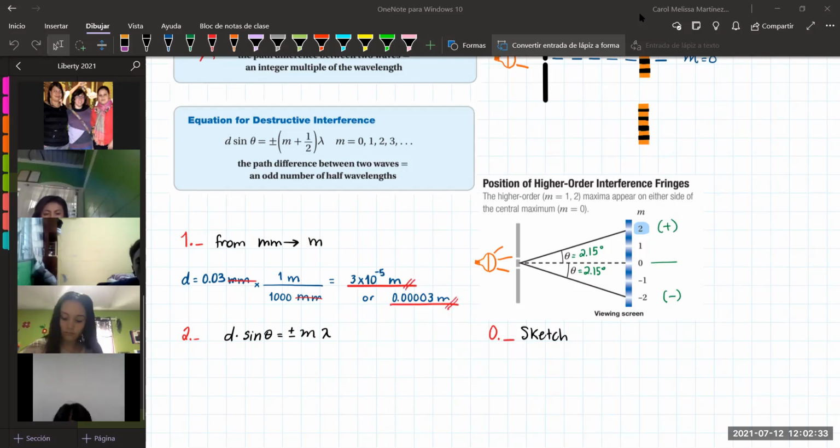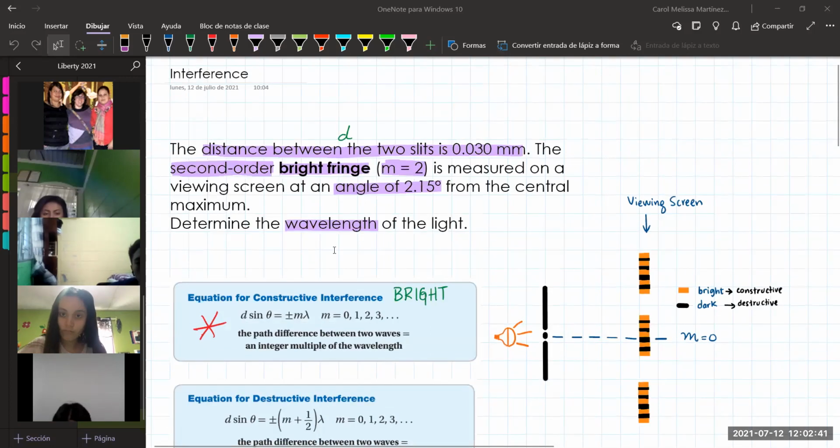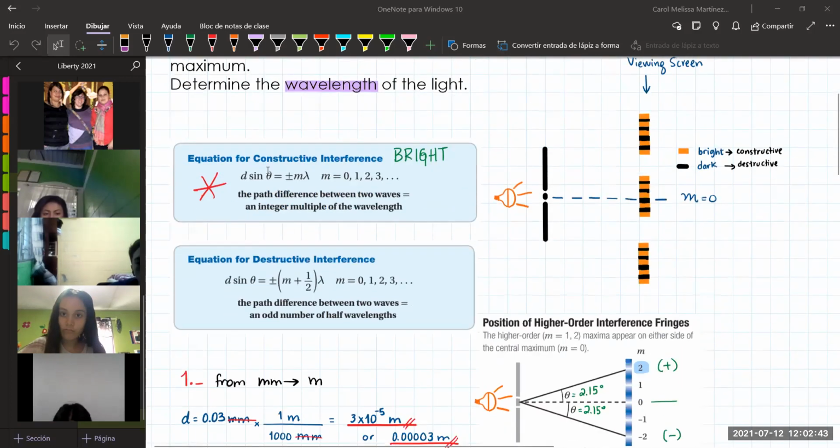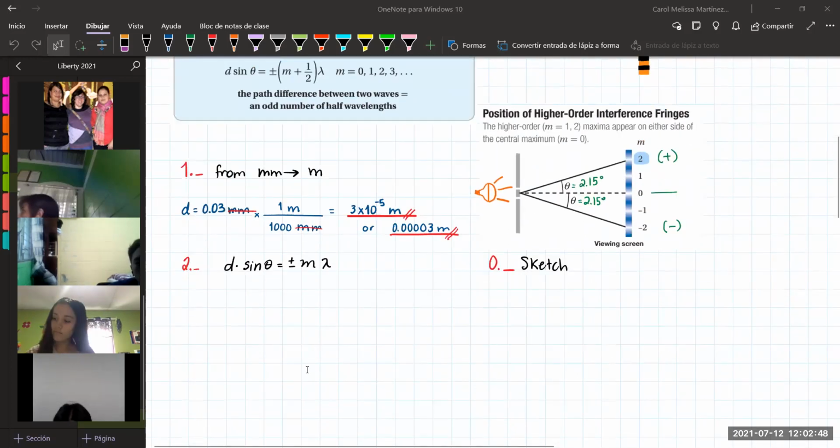Now, once you have all this, we need to use the equation because it's about a bright fringe. We will be using the constructive interference equation. Remember, it is a bright fringe, so this is the equation that we're going to be using.